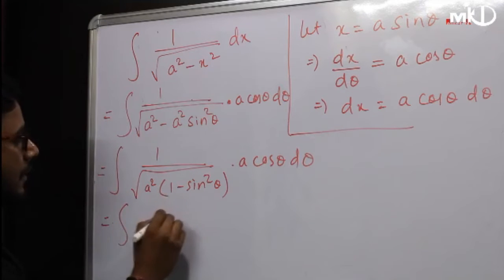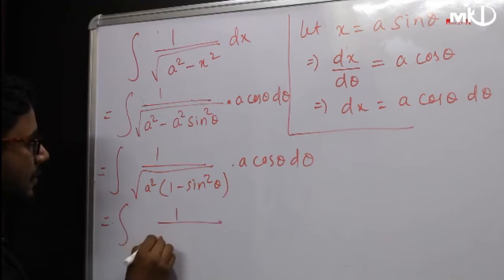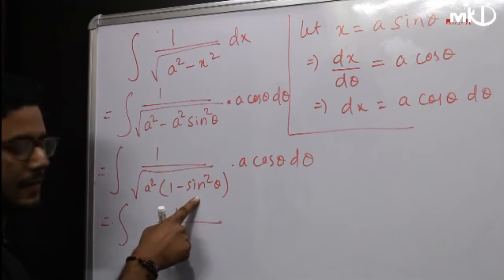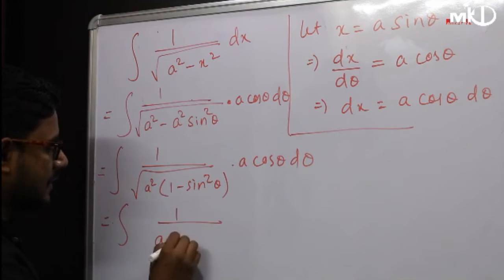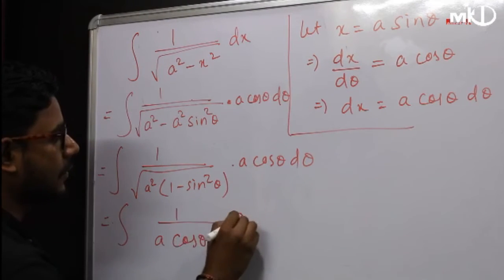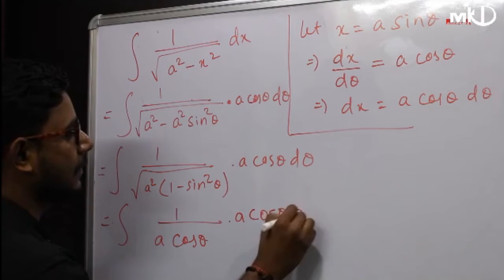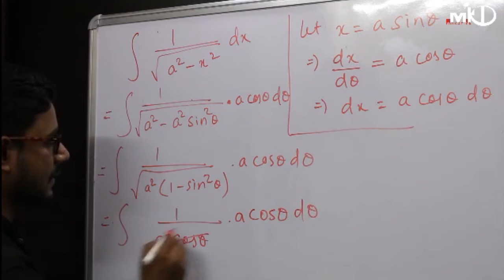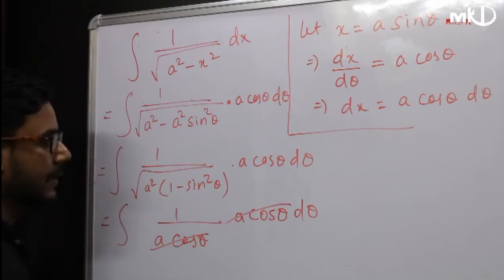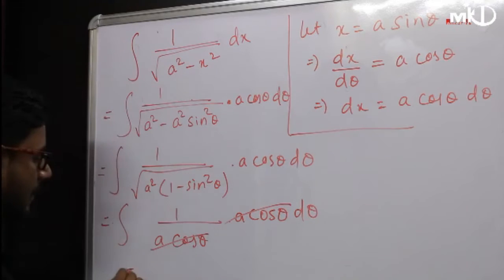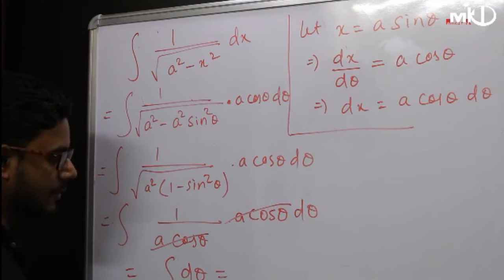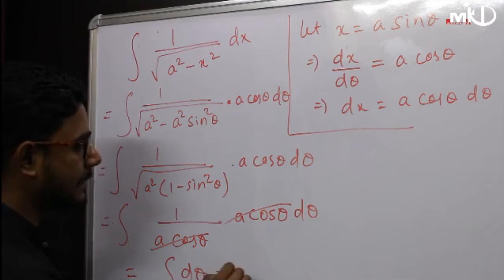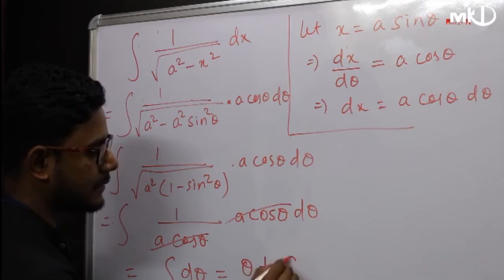The square root of a square is a, and 1 minus sin square theta is cos square theta, so its square root is cos theta. So we have a cos theta over a cos theta d theta. The a cos theta cancels, so it is nothing but the integration of d theta, which is theta plus c.